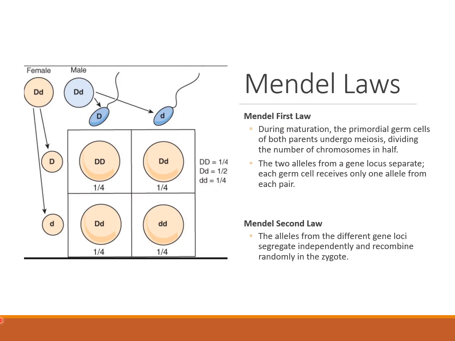So if we're thinking about genotype versus phenotype, all of these genotypes, this one, big D, big D, big D, little d, big D, little d, these are all going to code for the phenotype of dimples because, again, big D is dominant, and so that is what will be expressed. If offspring gets two little d's, then this child will not have the phenotype of dimples. Okay.